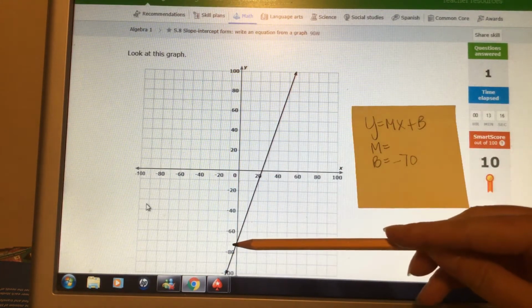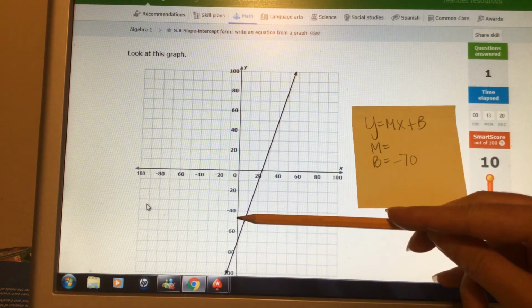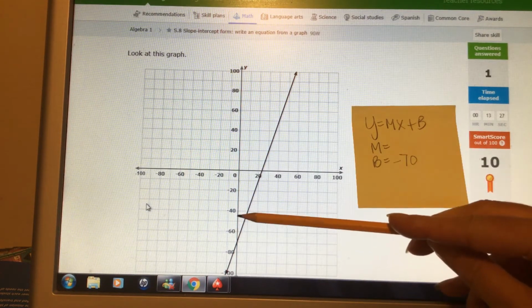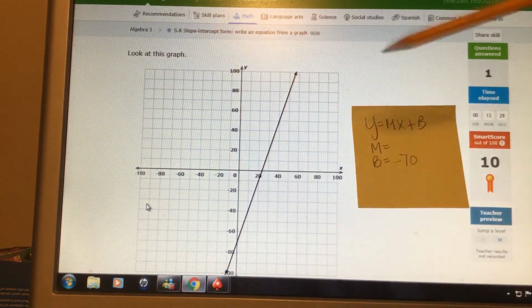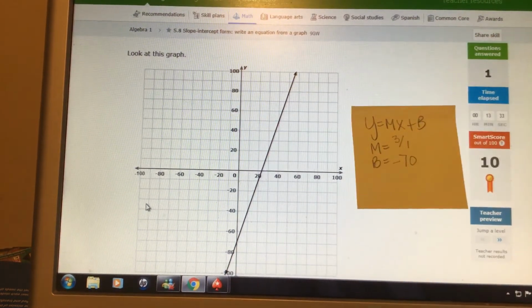Now, how many boxes do I rise? 1, 2, 3, until I get to the same place where it's going to cross the corner here. So I rise 3 and run 1. So that means my slope is 3/1.